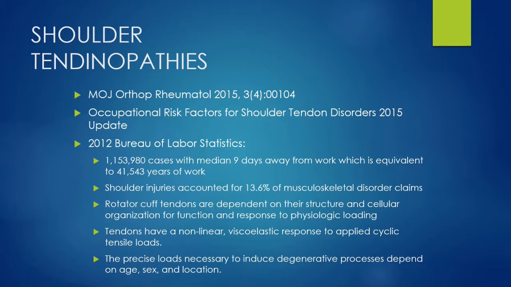So for example, in males, there's a much higher incidence of Achilles tendinitis or tendinopathy, much higher incidence of patellar tendinopathy, and a much higher incidence of adductor, hip adductor tendinopathy than in women. Whereas in women, gluteus medius tendinopathy presents almost exclusively in women.